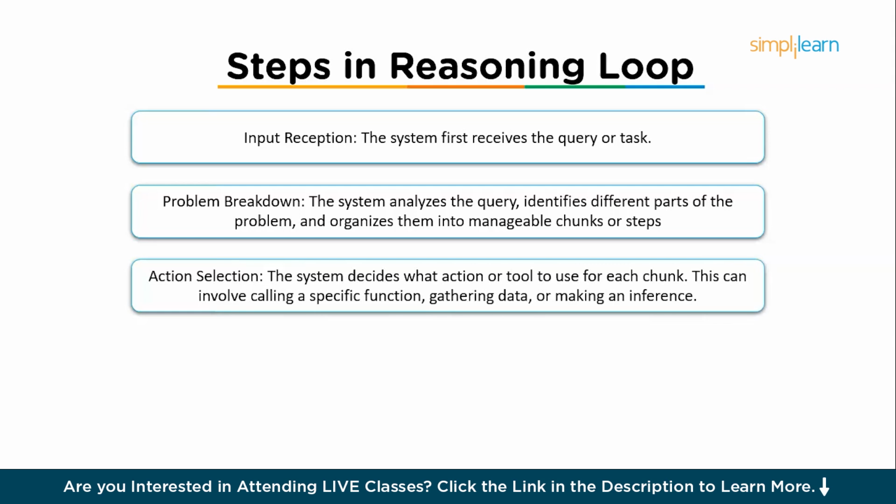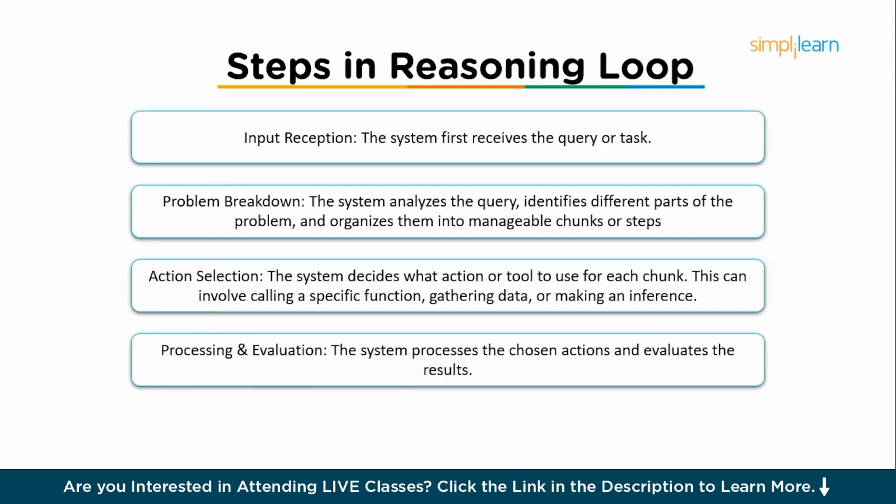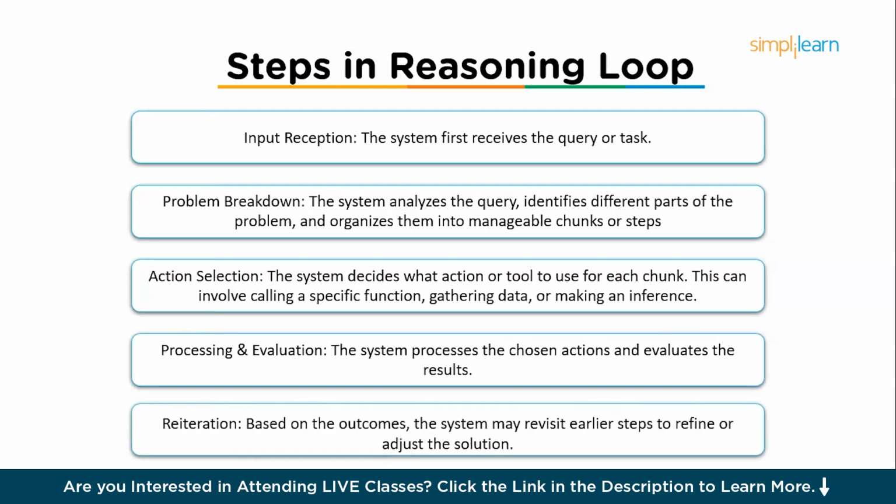The system decides what action or tool to use for each chunk. This can involve calling a specific function, gathering data, or making an inference. Then comes processing and evaluation. The system processes the chosen actions and evaluates the results. Then comes reiteration. Based on the outcomes, the system may revisit the earlier steps to refine or adjust the solution.